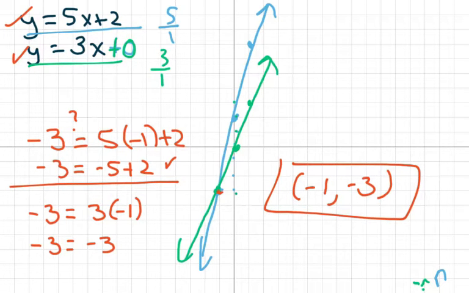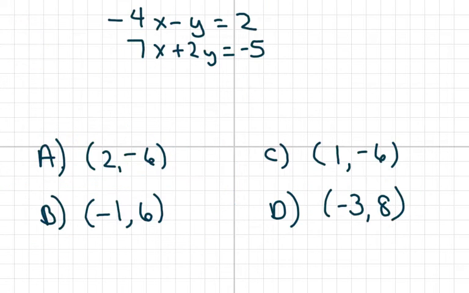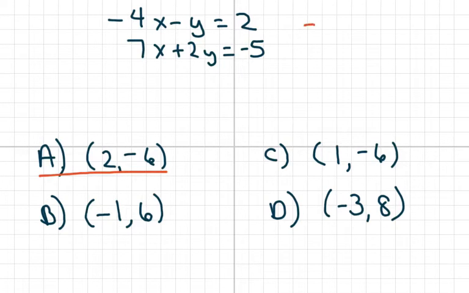Okay, and this last one I have is like a STAR type question, or your end of course type of question when you have to do multiple choice. Basically, you're going to be asked which is the solution to this system, and instead of graphing it and all that, we're just going to plug things in. So we can try A. We're going to get negative 4 times 2 minus a negative 6.